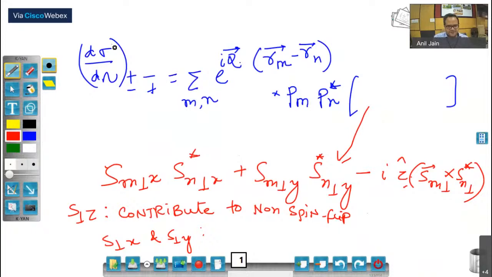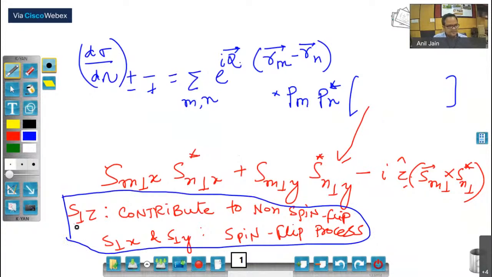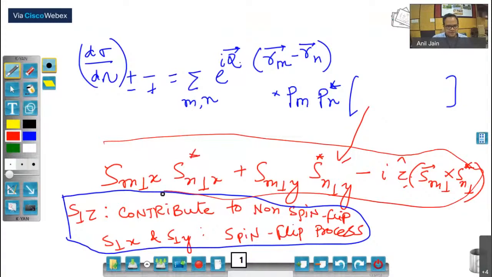So this is the spin flip process. Well, to make it clear, this thing here represents the part which is supposed to come in this bracket.